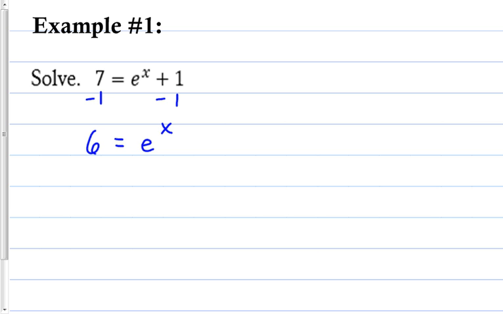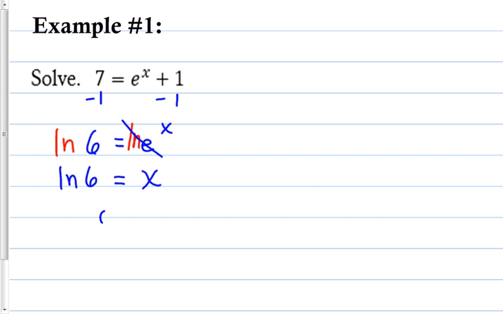And the inverse of e is ln, natural log. So I'm going to take the natural log of the left side, and I'm going to take the natural log of the right side. And that'll give me, these cancel out, and I have x. And then x is the natural log of 6.